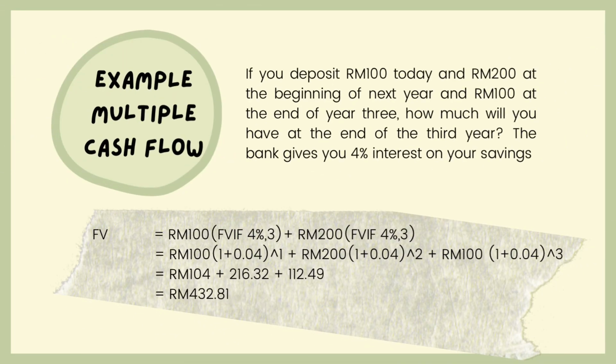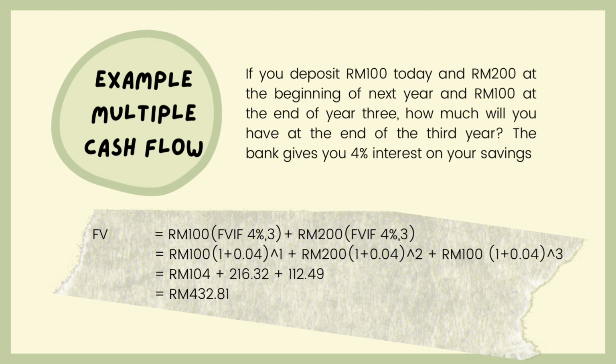Now let's take a look at the example for multiple cash flow. If you deposit 100 today, 200 at the beginning of the next year, and 100 at the end of year 3, how much will you have at the end of the third year? The bank gives you 4% interest on your savings.